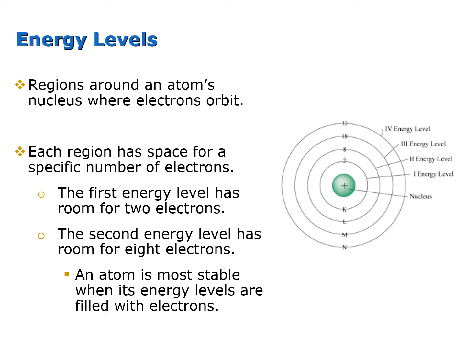We have a first energy level orbit that is a very strong connection, also called the K orbit, where regardless of what type of atom we have, whether it's an oxygen or a carbon or an iron atom, this first energy level will be able to host only 2 electrons.